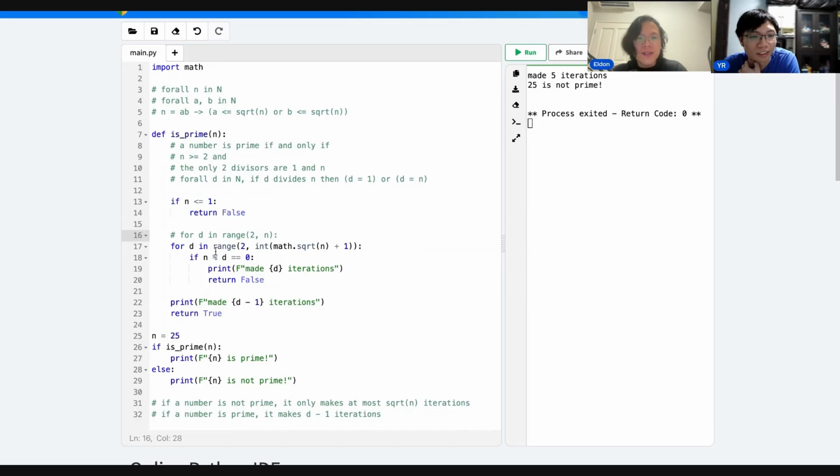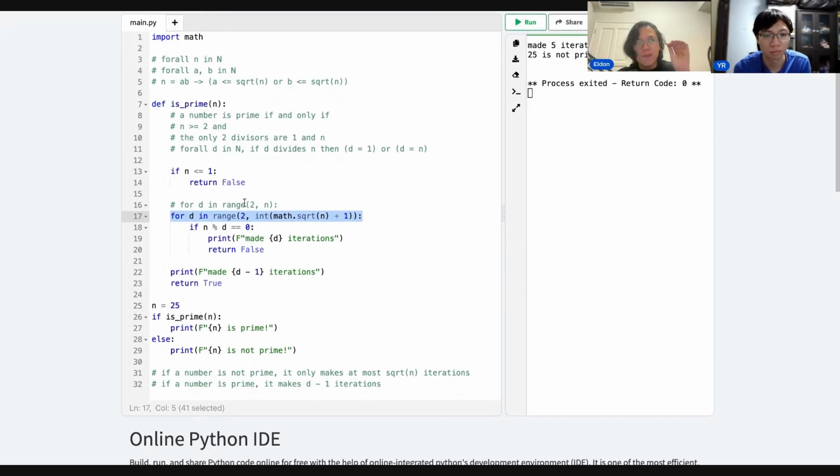So what's going on here is that we're cutting our program short. We're saying you're just going to try up to square root n iterations, and if by the square root nth mark you don't see a divisor, it's definitely prime. You don't have to try the remaining divisors. So again, something like 49, you're only gonna try 7 iterations, and you're gonna realize it's not prime because you find a divisor.